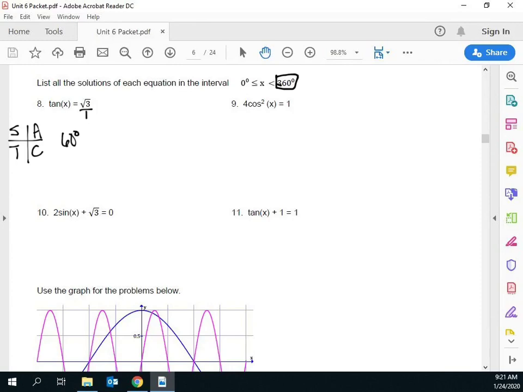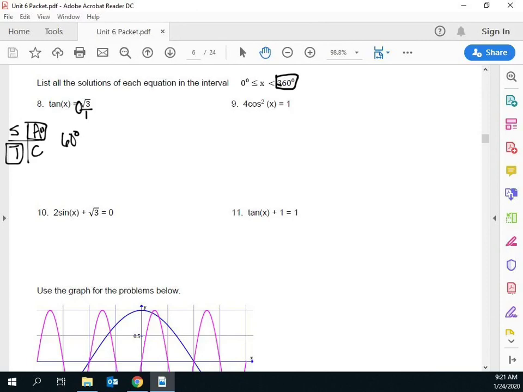And now all we have to do is figure out where tangent is positive. So where is tangent positive? What quadrants? Third and first one. Good. Remember, all is that one. Every single trig function is going to be positive in the first. So let's put the 60 degrees reference angle in the first.